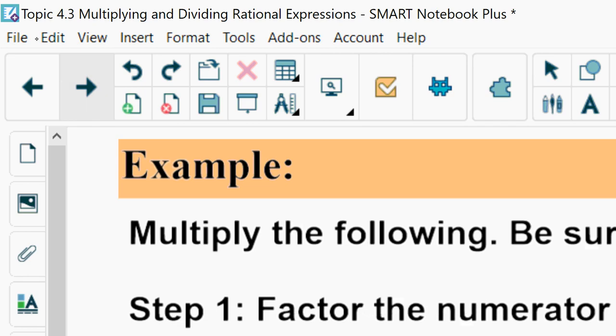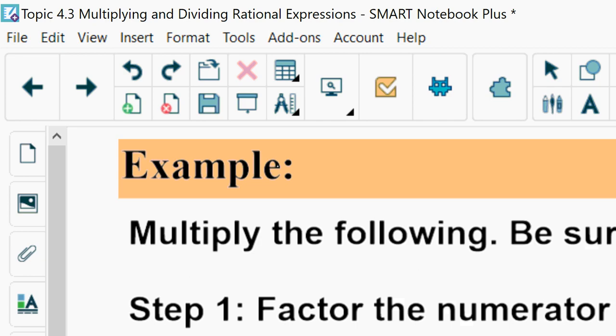We're going to factor our numerator and our denominator. I'll write it all as one expression, and then we'll start canceling. The first thing: there's no factoring that can be done to the quantity x plus 2 divided by x minus 2. However, I can factor both the numerator and the denominator in the expression on the right-hand side of our multiplication sign.